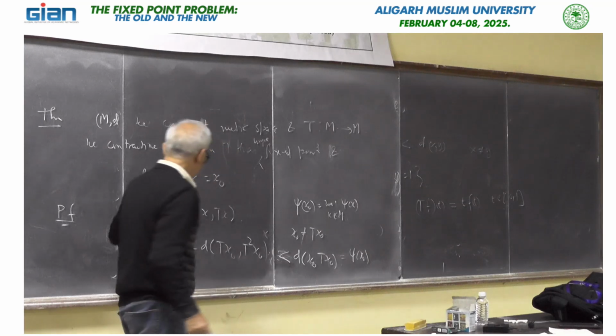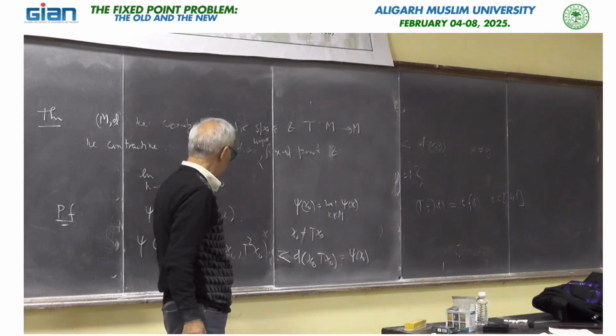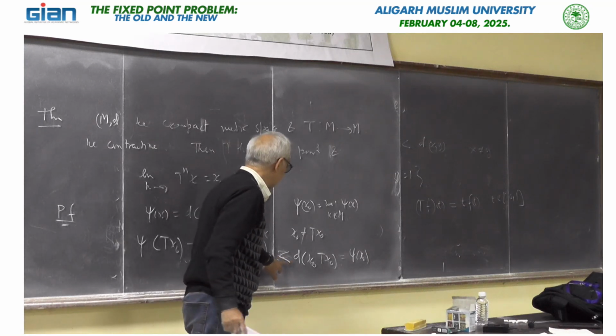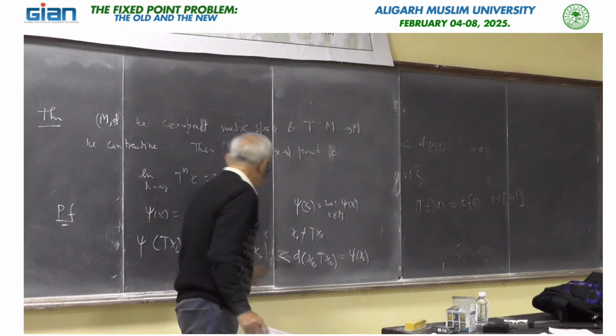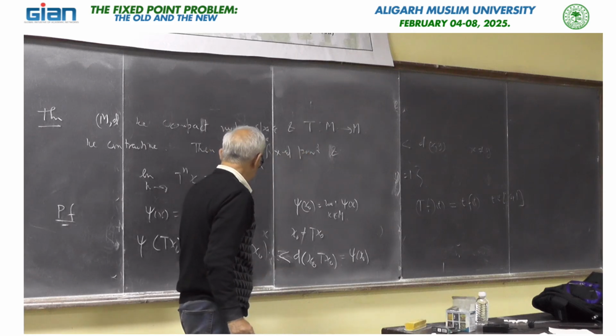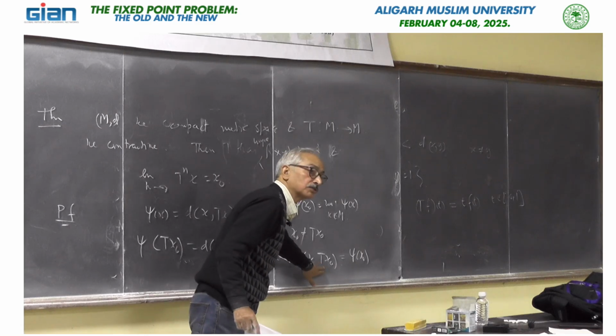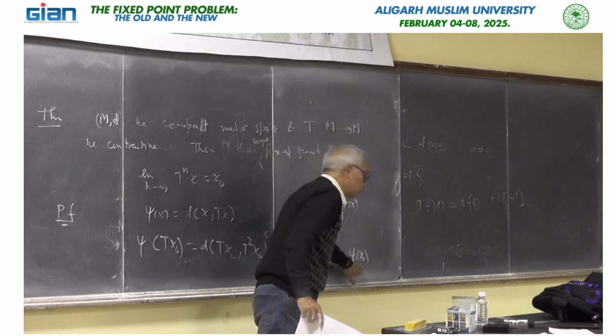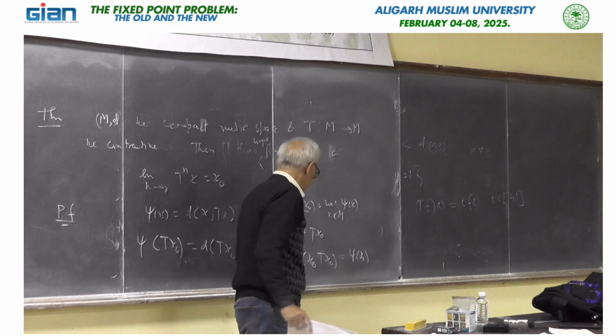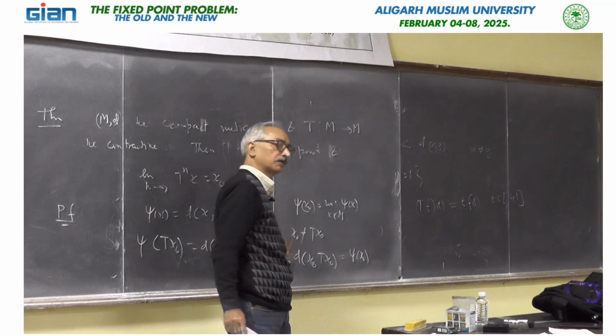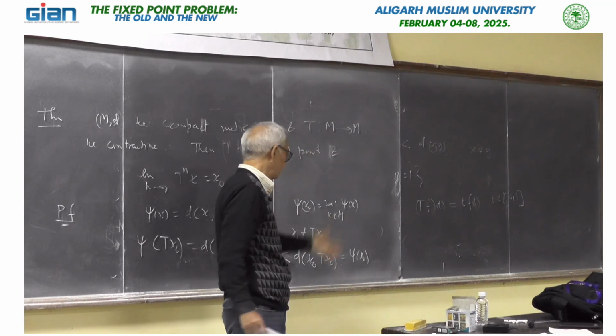Is this clear? Here there is a contractive condition, so these are not equal, and then you get that psi of T x_0 is less than psi of x_0. Because if this were equal, then again you get a fixed point.